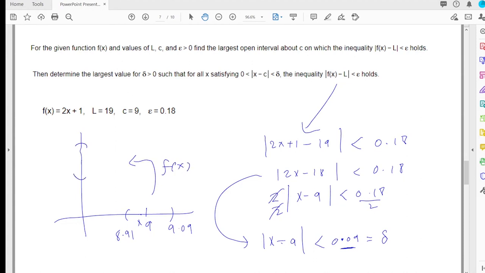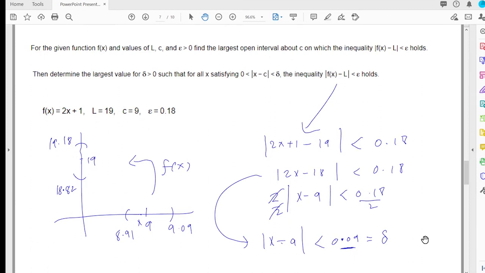Now you just have to find L minus epsilon, which is 19 minus 0.18, which is 18.82, to 19.18. So if you pick any x from this interval, the value of the function should be inside this interval. So that's the meaning of limit of function.